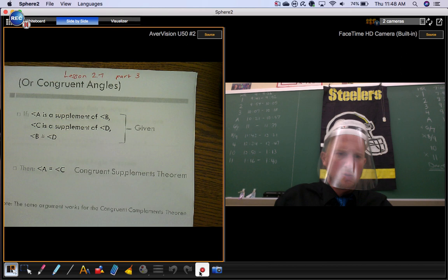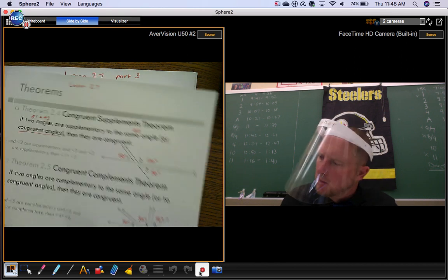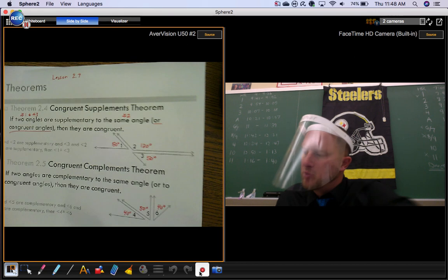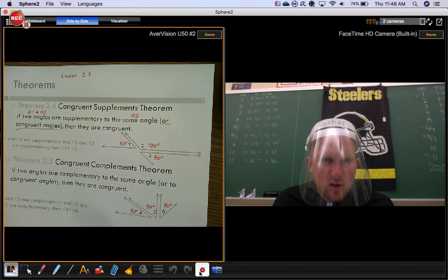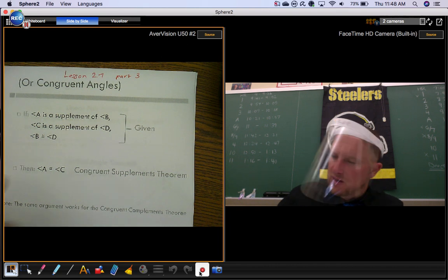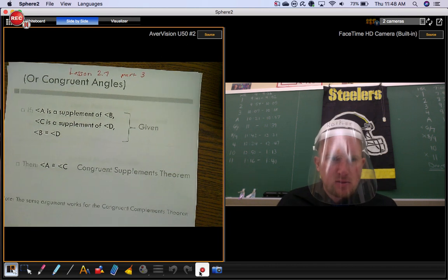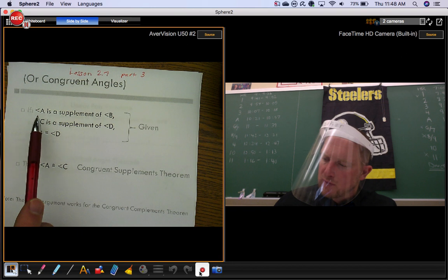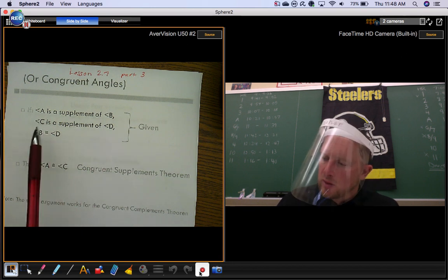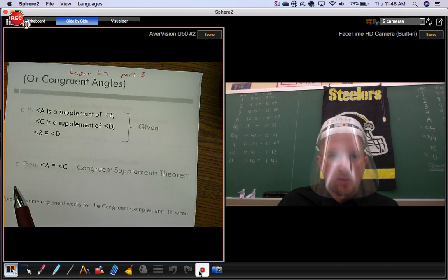Okay, so if we go back to the congruent supplements theorem for a second, notice that underlined portion where it says "or congruent angles." This is that case. Notice how you have two angles, A and B, that are supplements of each other, and you have two angles, C and D, that are supplements of each other.